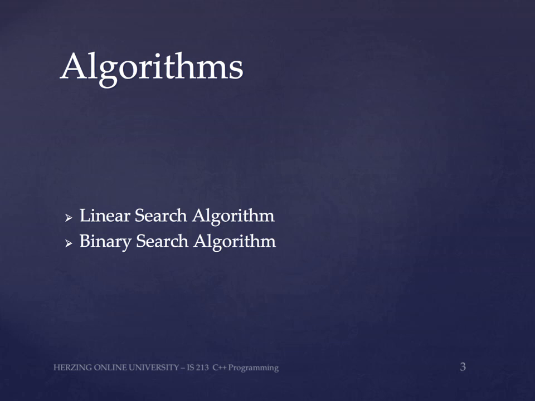With the binary search algorithm, you set first to 0, set last to the last subscript in the array, then set found to false, then set position to -1, then you loop. You use a while loop.